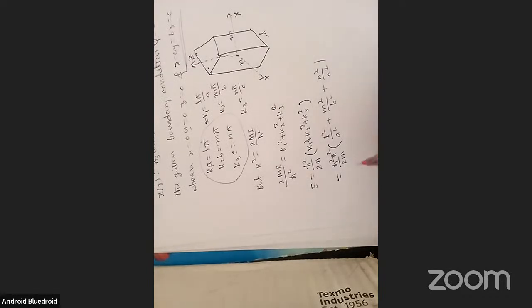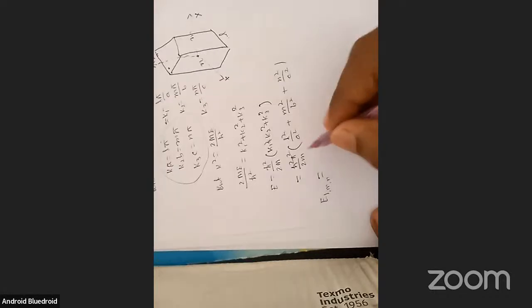Clear? So next one is E of L, M, N. This is the function, equal to minus h cot square by 2m.